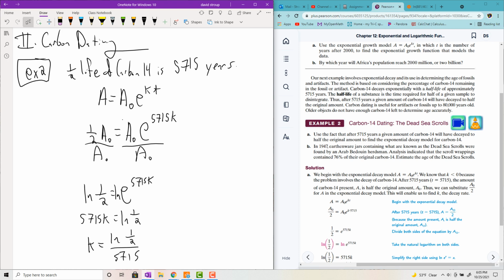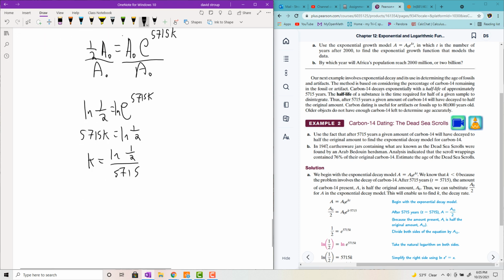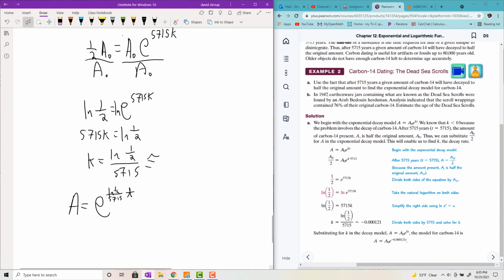So our model, based off just this half-life fact, which is what happens in a lot of these story problems, is A equals A sub 0 e to the ln of 1/2 all over 5,715 t. They probably want a decimal approximation, which I usually don't do. They give it to you in the book: negative 0.000121.